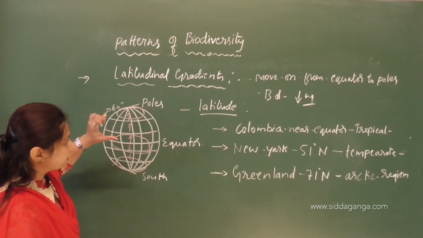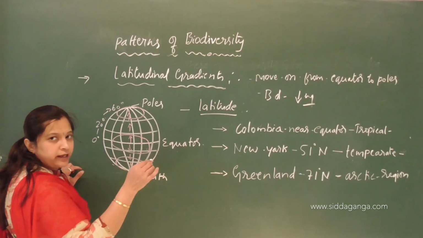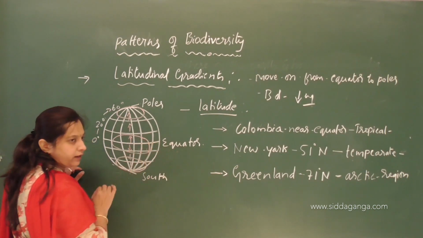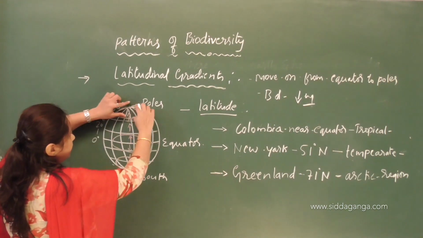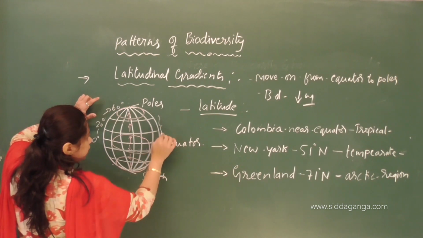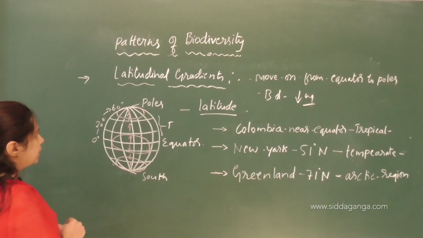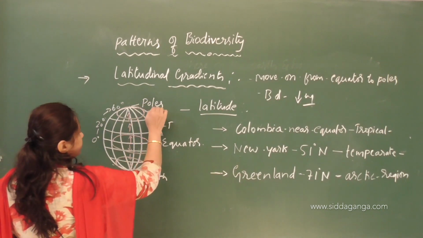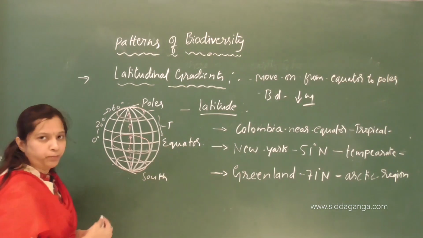Tropical areas come near the equator, and the temperate areas lie between the Arctic zone and the tropical zone. The middle zone is the temperate region, and towards the north pole it is the Arctic or polar region.